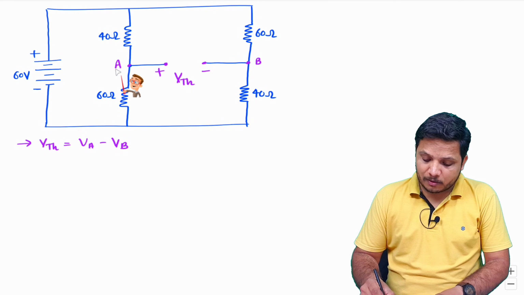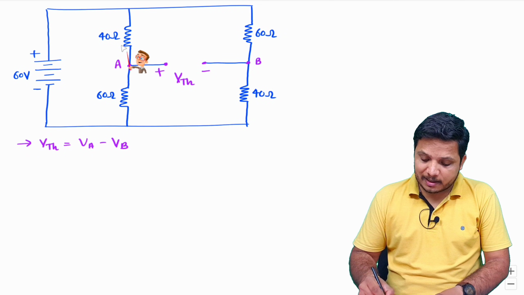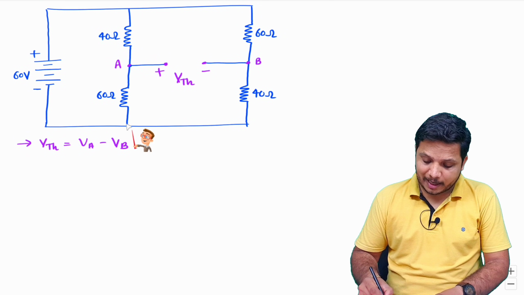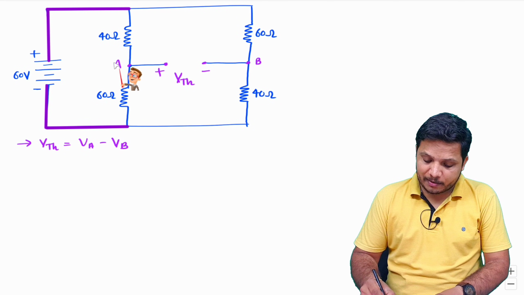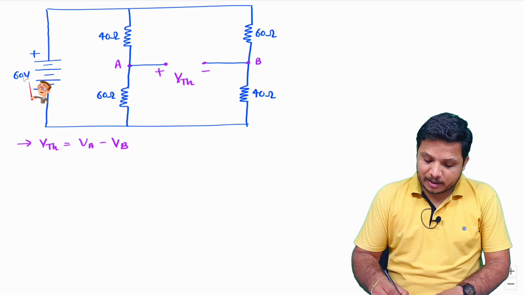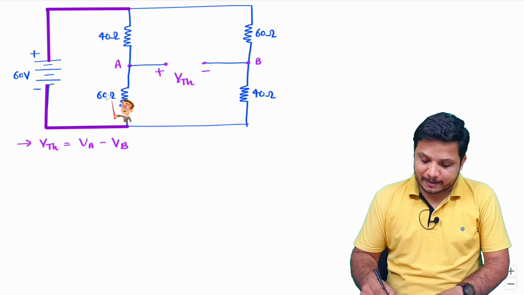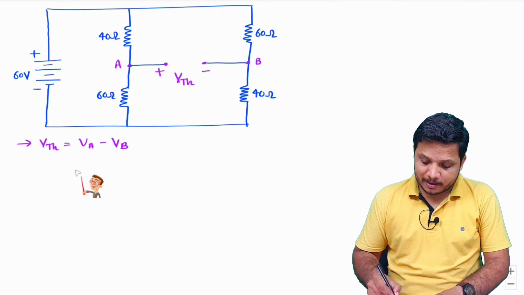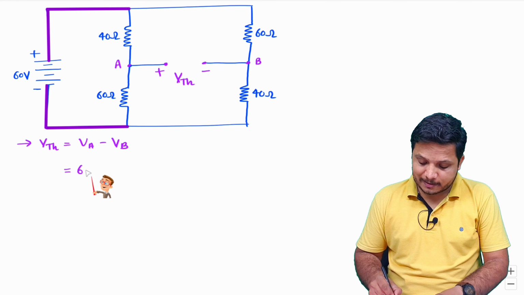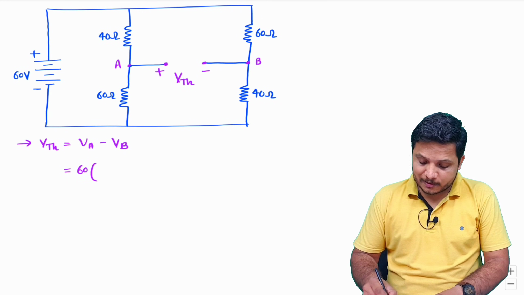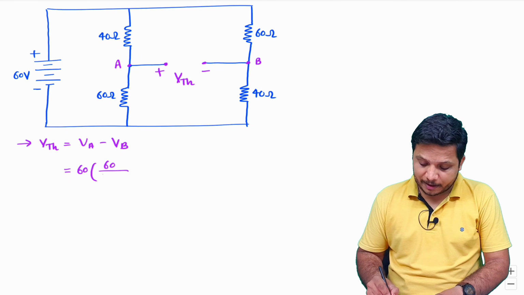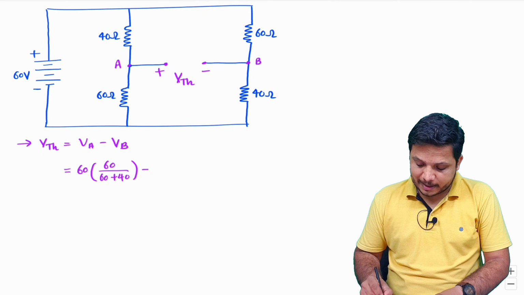If you observe, this 60 volt source is connected across these two terminals, right? So what is VA? VA will be this voltage into this resistance divided by these two resistances. So I can say VA is 60 into 60 divided by 60 plus 40, and minus VB, which we need to calculate.